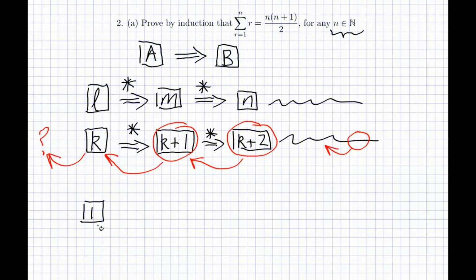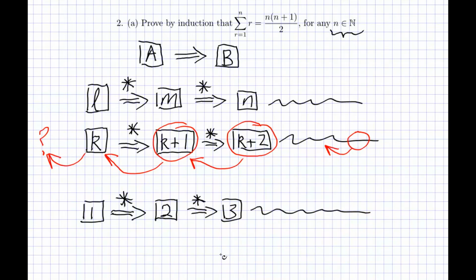So you can prove numerically that this fact is true for 1, and then because you've proved this induction relationship, you can apply that to 1, and that will tell you that the fact is also true about 2, and then the fact is also true about 3. So then it's true for all the whole numbers that are higher than 3 as well. So then it's true for all of the natural numbers.